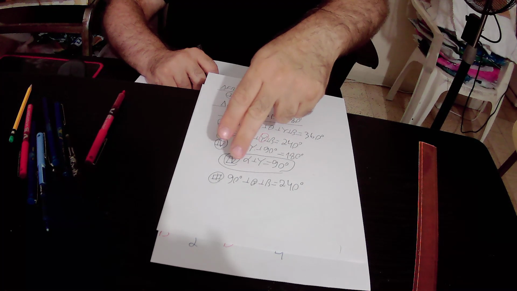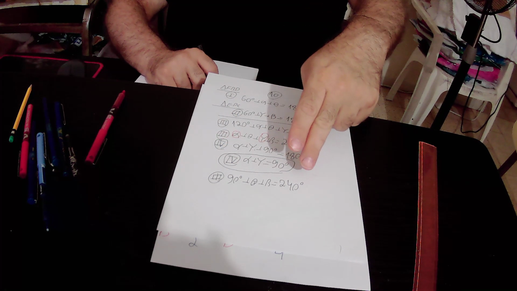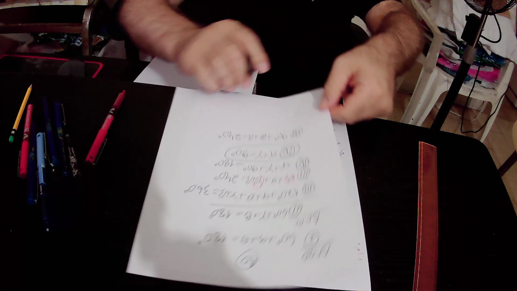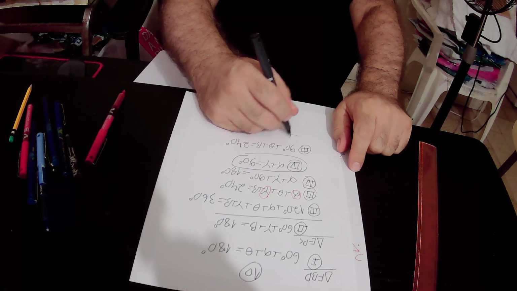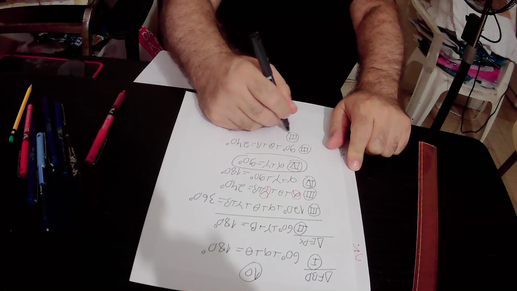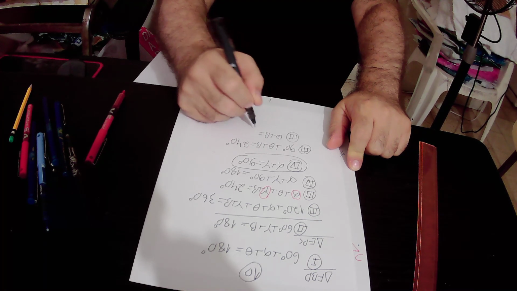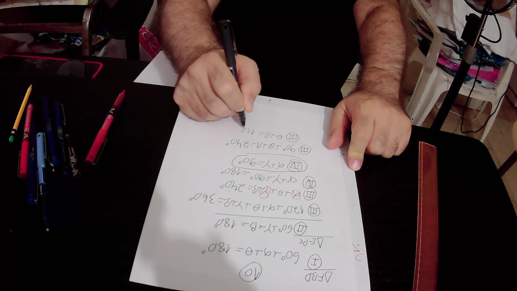Here we will subtract 90 degrees from both sides, and we will get that theta plus beta equals 150 degrees.